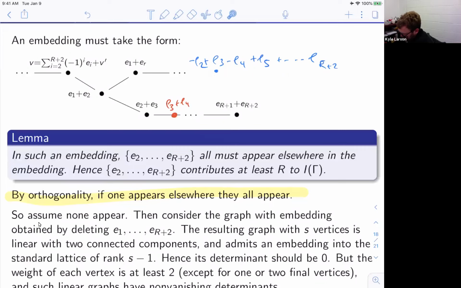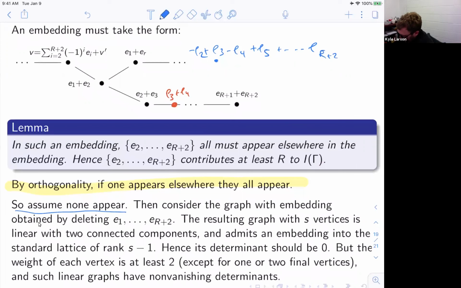By way of contradiction, let's assume that none appear. If none of these basis vectors appear elsewhere in the embedding, we can perform the following manipulation of our graph, plus embedding, in fact. Consider the graph with embedding obtained by deleting all these standard basis vectors.